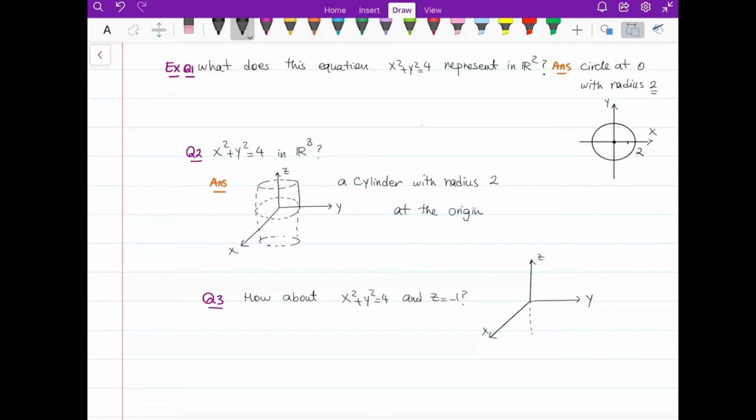Since z is equal to -1, everything is gonna happen at the plane z equals -1, right? But the first and second coordinate is gonna follow this, so it would be a circle of radius 2 at z equals -1. Let me graph it with another color.